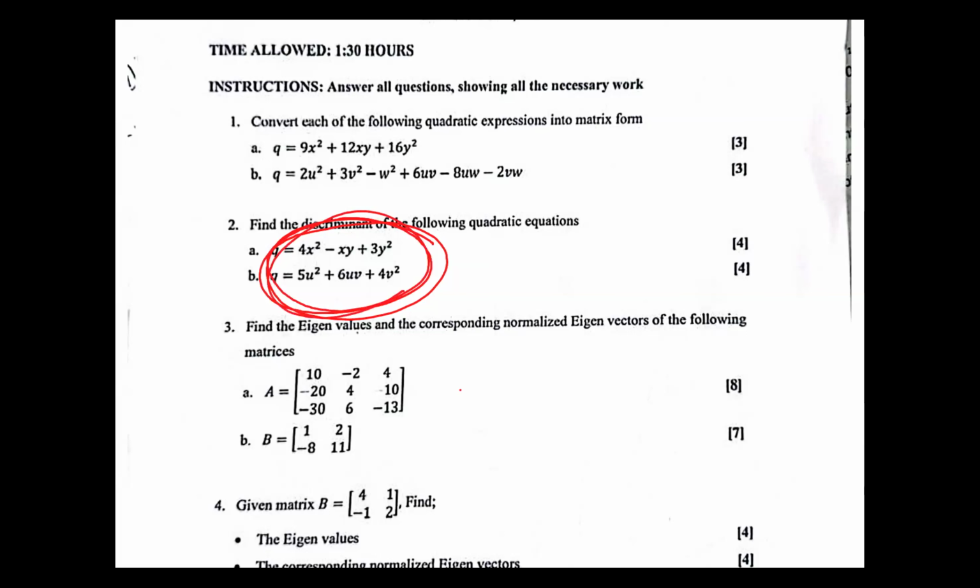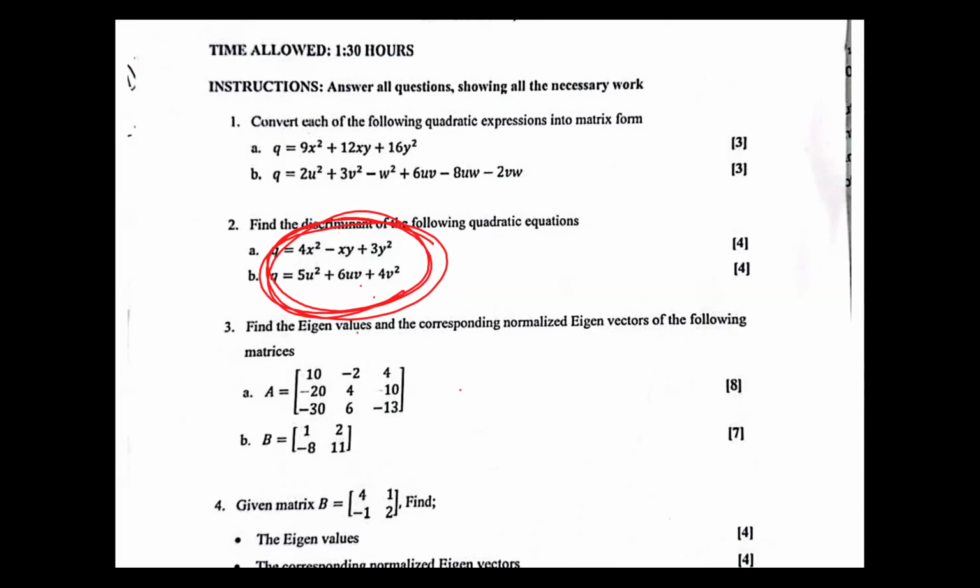Matrices. After making matrices from these, then find the determinants. Making sense. You get it, right? Yeah. Any questions? No.